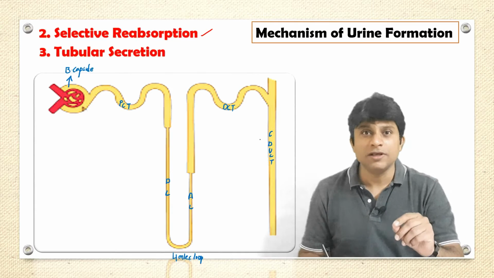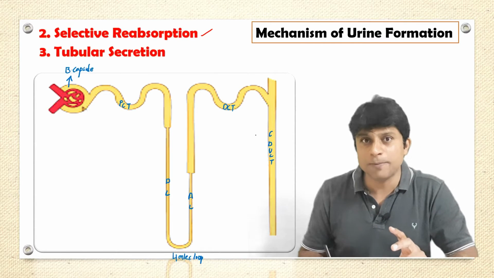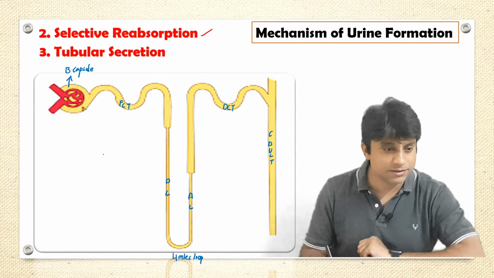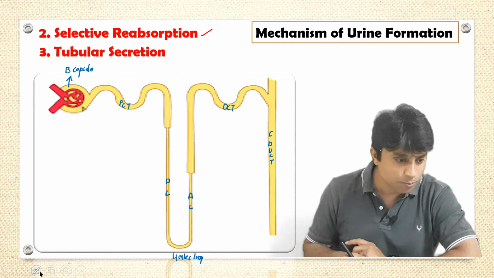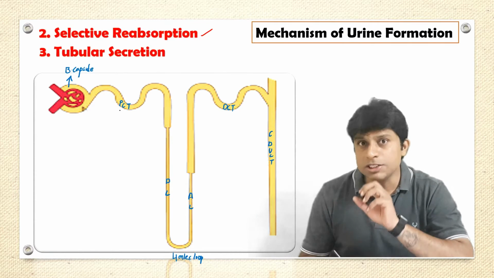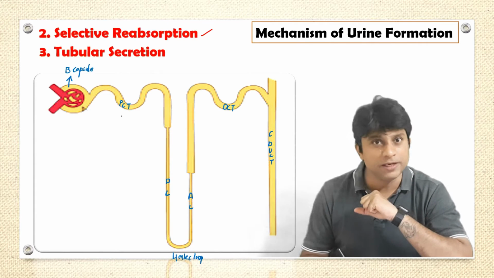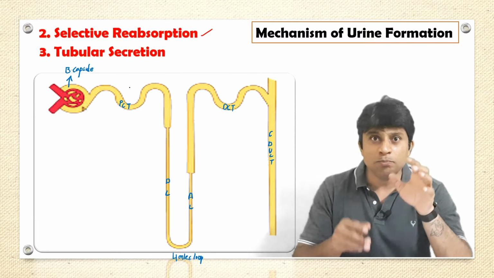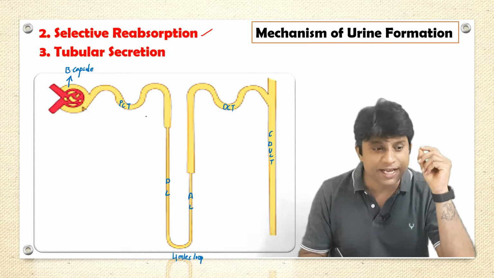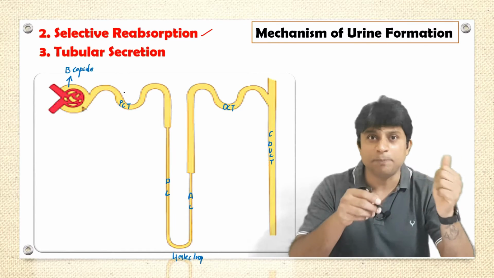So let us find out how selective reabsorption of various substances and nutrients occurs in these tubular parts of the nephron. First it starts with the proximal convoluted tubule. The walls of the proximal convoluted tubule are lined by brush border epithelium. As a result, most of the glomerular filtrate, that is 70 to 80%, is reabsorbed from the PCT.